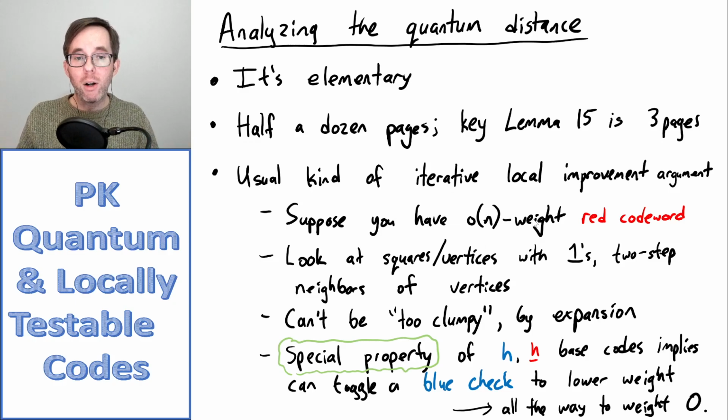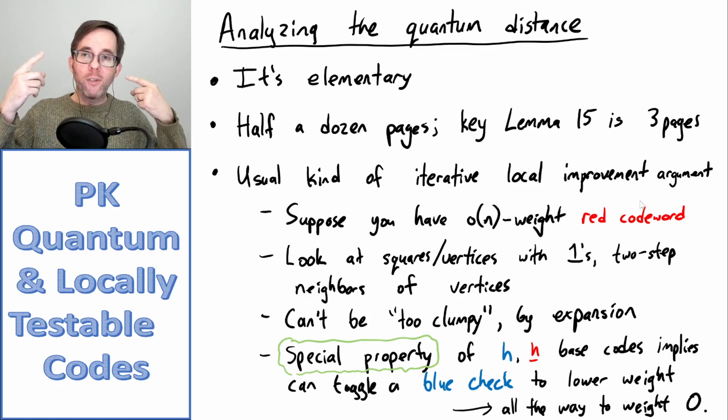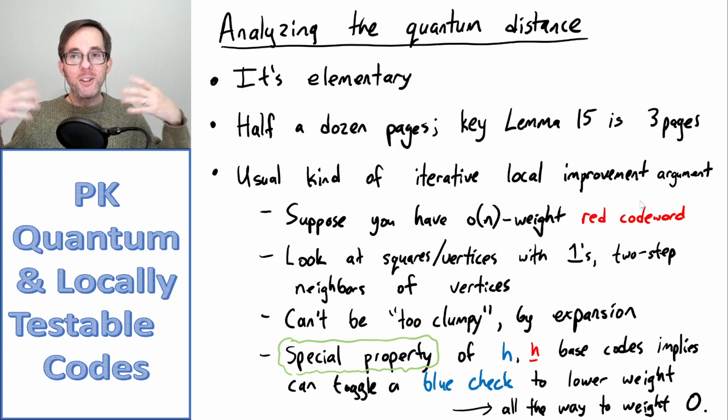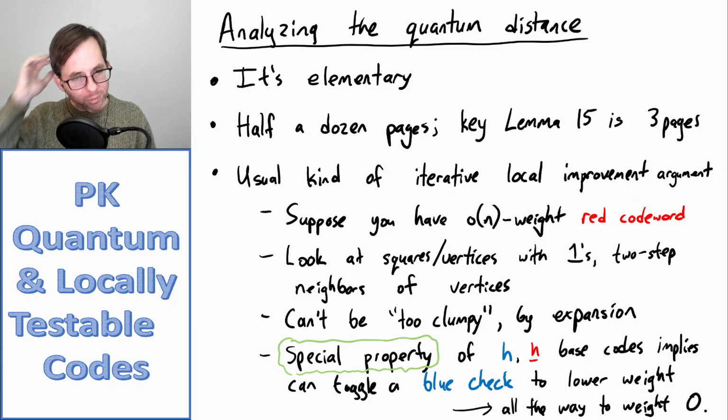So if you can prove that about all red code words of Hamming weight little o of n, then the only red code words you have to worry about that don't toggle down to 0 have weight proportional to n, which is what you want in order to show that the red distance is linear. Then everything is symmetrical, and so we could make the same argument about the blue distance being big omega of n.